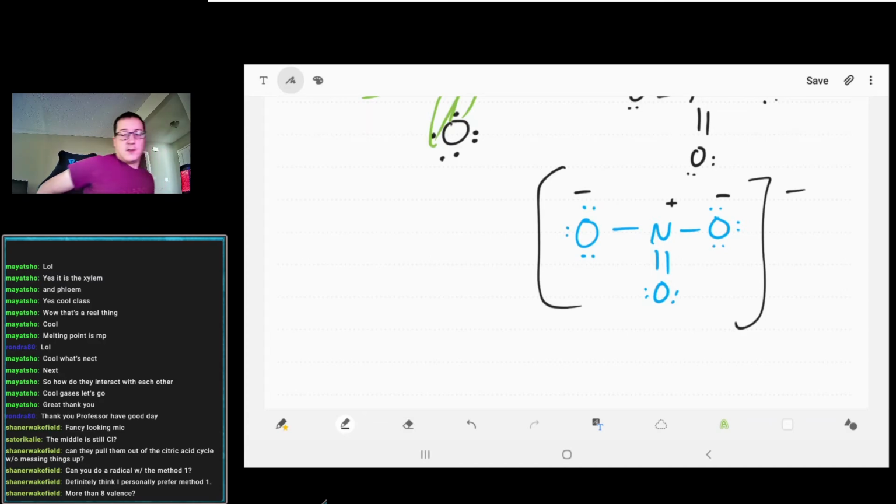Any questions on these Lewis structures? All right. You asked for it. I have an example from the book that I want to do.